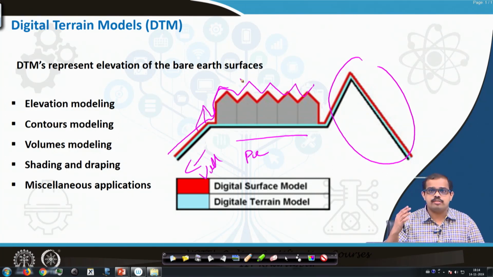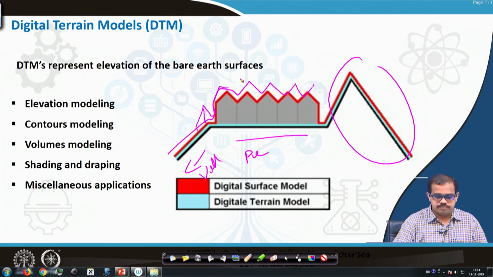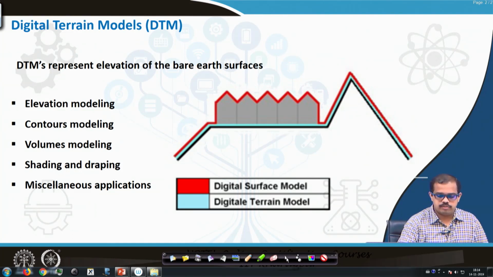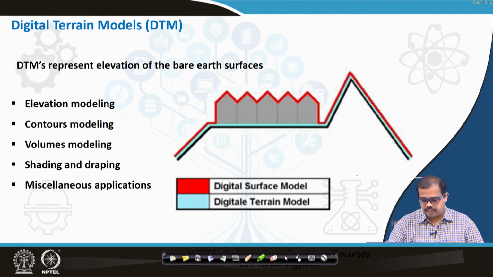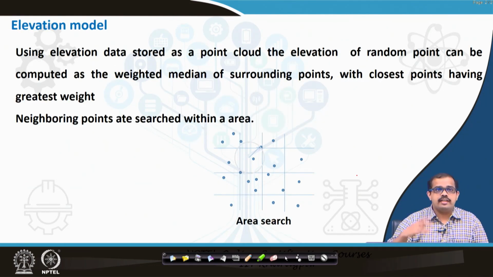There are various ways of extracting a terrain model and a surface model. If someone is interested, please explore how it is done. That is one of the well-known research methods that can be used as input in various kinds of analysis. Then you have an elevation model.